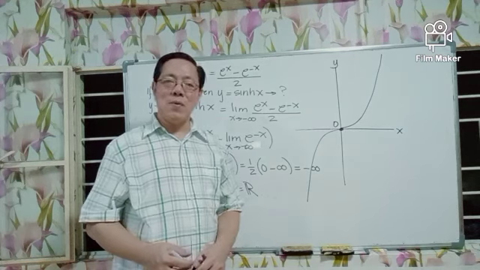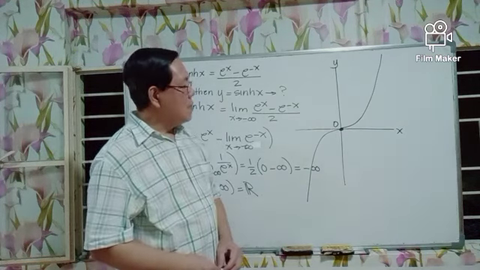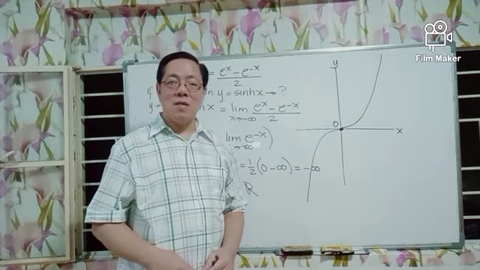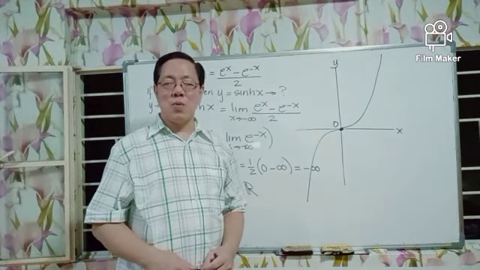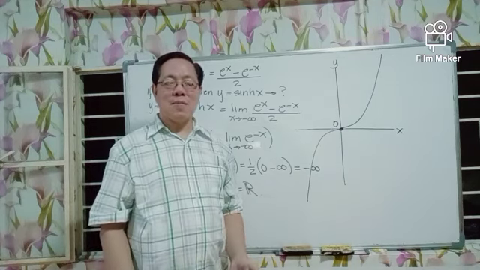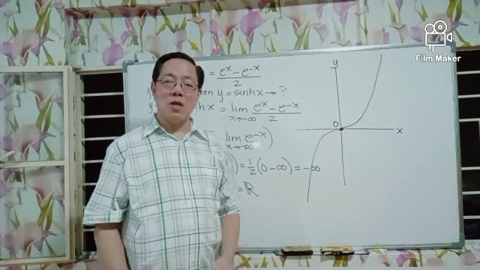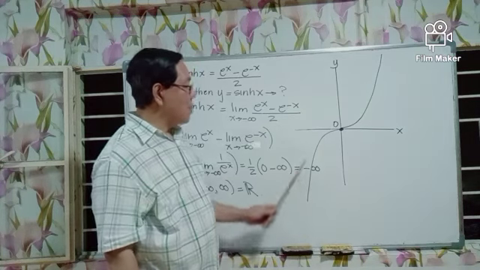Now, if you draw the line x equals y, or x minus y equals 0, that line will pass through the origin, and the graph of the hyperbolic sine.